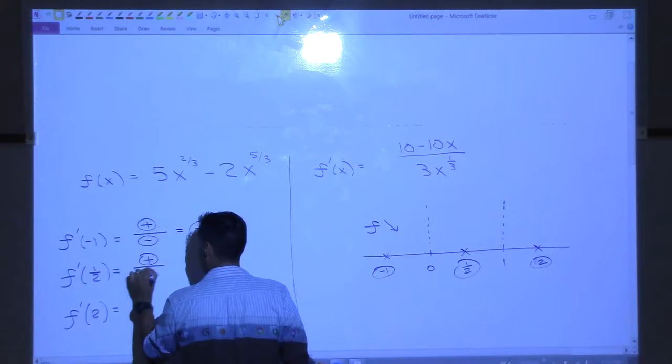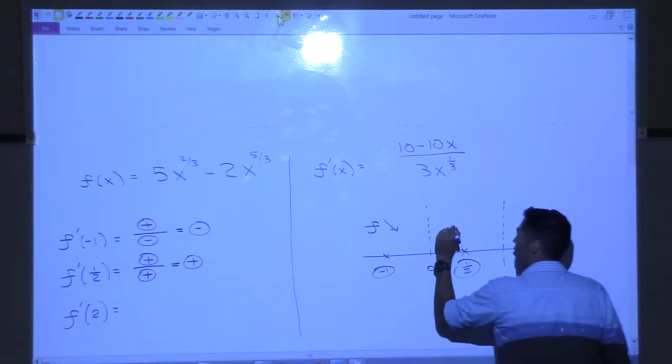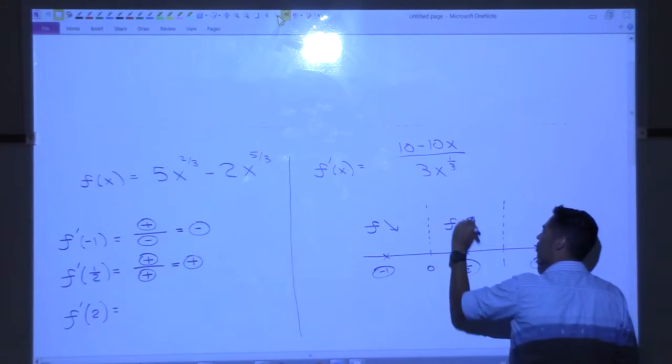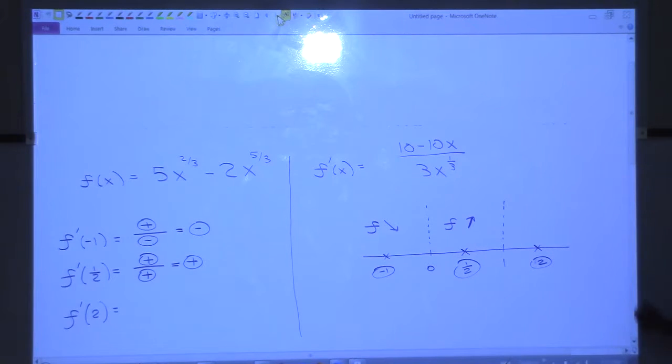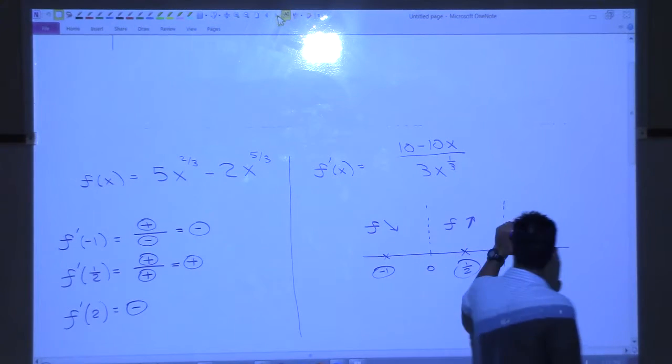So positive over positive is positive, which means my original function here is increasing. And then when we plug in 2, on the top you get 10 minus 20 or something like that. So you get a negative over there, and that means my function is going down.